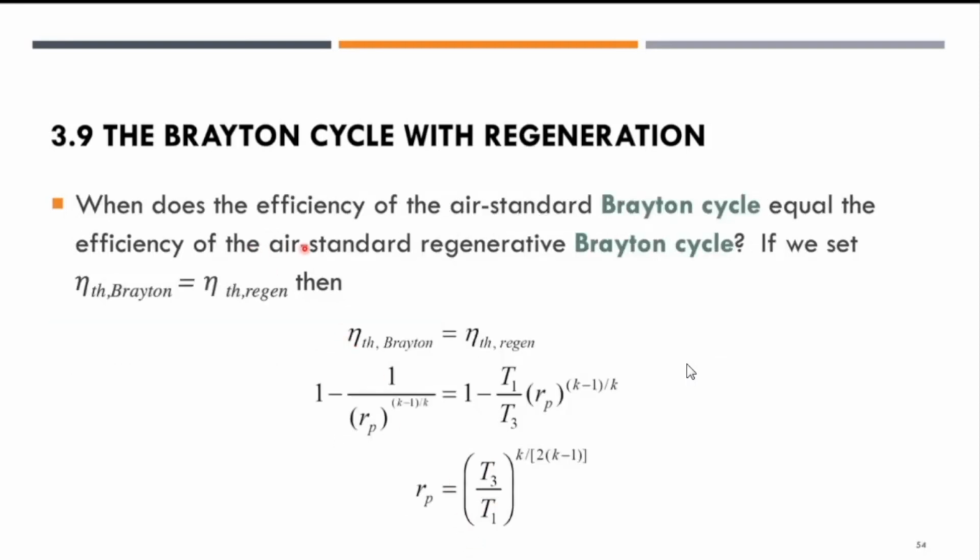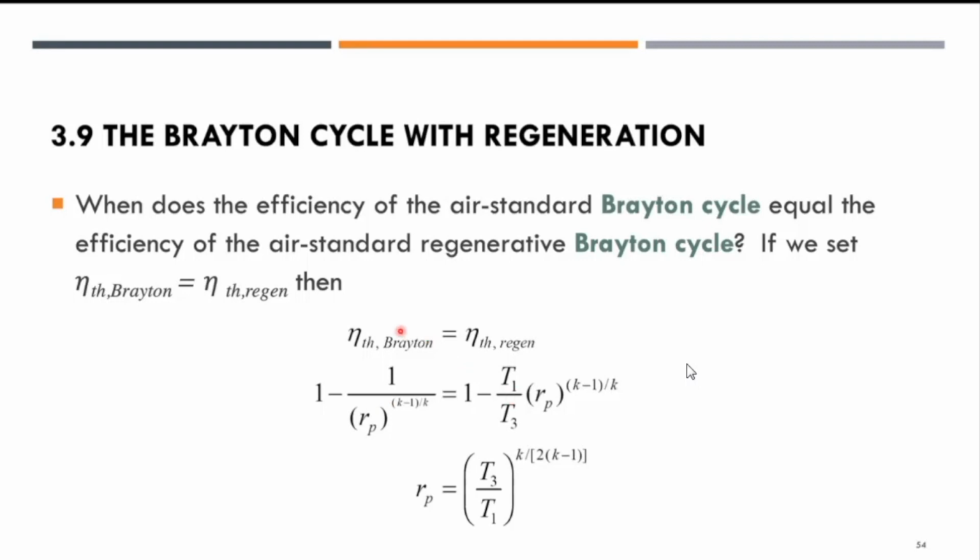So when is the efficiency of the air standard Brayton cycle equal to the efficiency of the air standard regenerative Brayton cycle? If we set the Brayton cycle thermal efficiency equal to the regenerative cycle thermal efficiency, then we can get this expression.